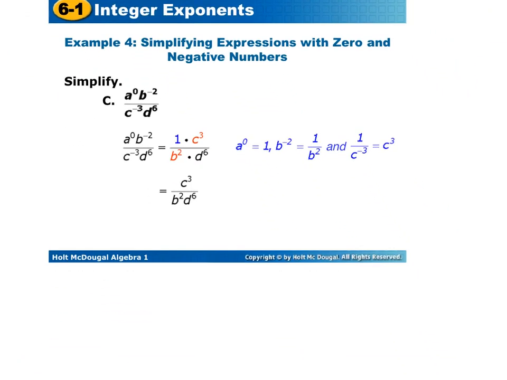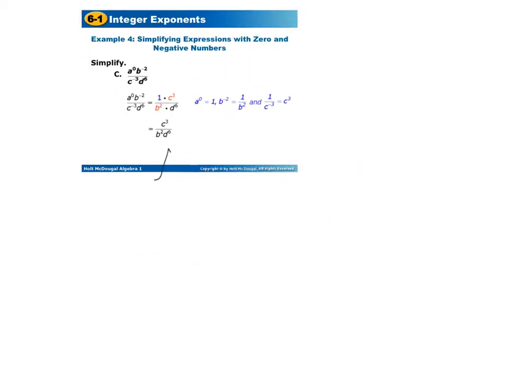Wants us to rearrange and make this positive. Okay, so first thing I'm going to do is move anything that's negative. If it's in the top negative, move it to the bottom. So for example, I have a to the 0, b to the negative 2, c to the negative 3, and d to the 6.